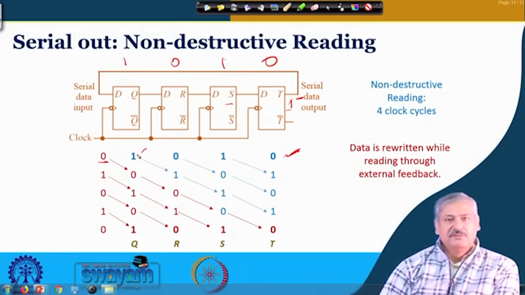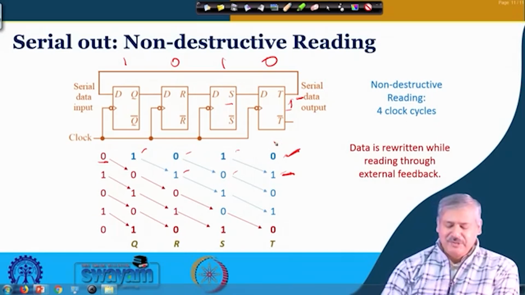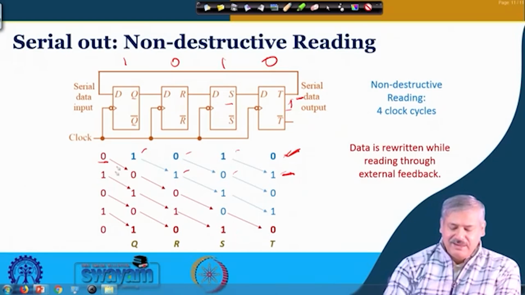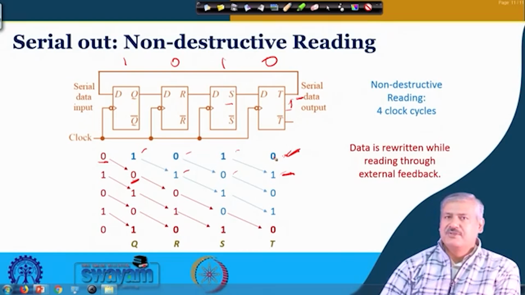This 1 comes over here, this 0 comes over here, this 1 comes over here, and you can read this as 1 like the previous case. But at that time what you see, because of the feedback, this 0, the information that was in T, now is getting written and it comes to Q. So, the information of T, 0, is not lost, it is coming back.